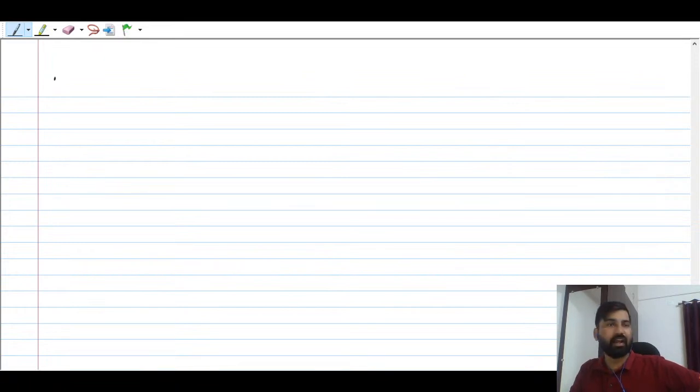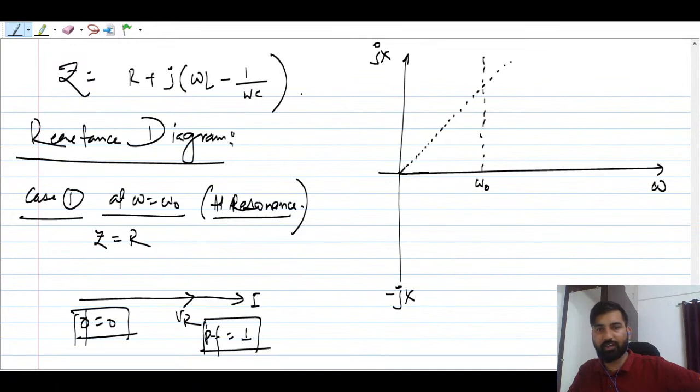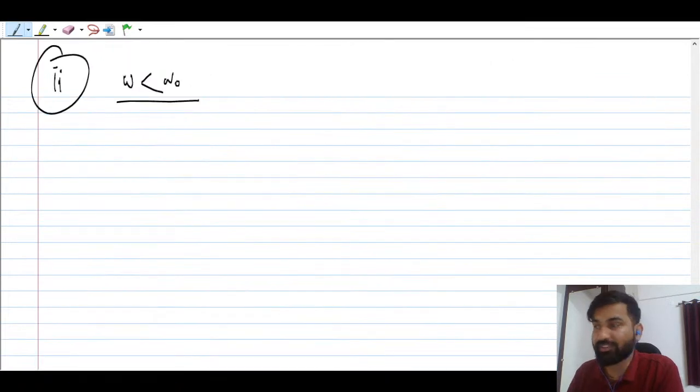The second case is that your omega can be less than omega naught. If you are here, your operating frequency is less than omega naught. What will happen? Since capacitive reactance is 1 by omega, it will be greater, not omega L. So remember, if your frequency is less than the resonant frequency, your overall Z will be equal to R minus jX.